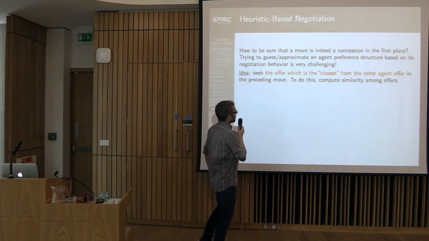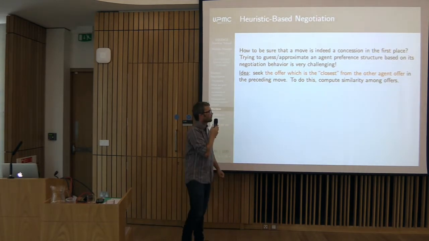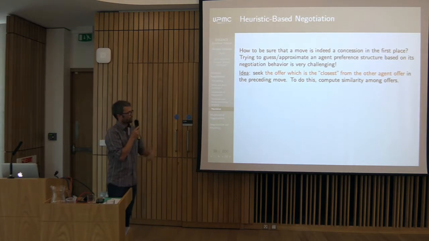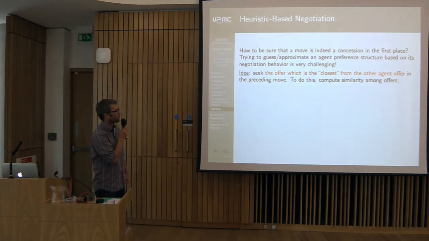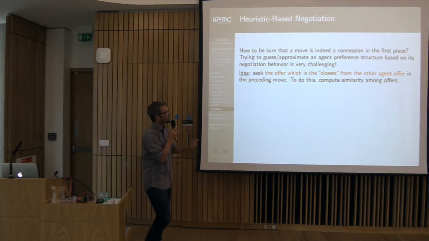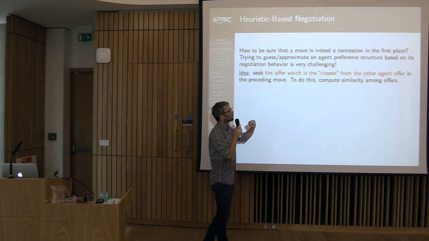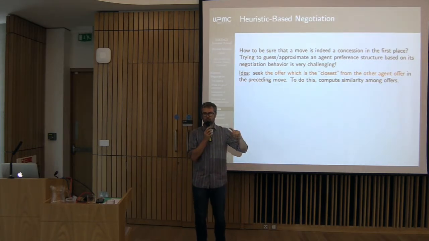There is a principle which is used in different versions, but the idea is not so difficult. The idea is that you will actually try to find an offer which is close to the other agent's offer.